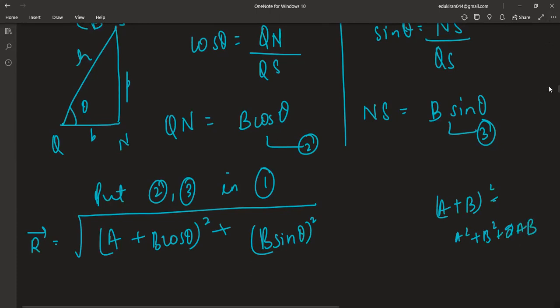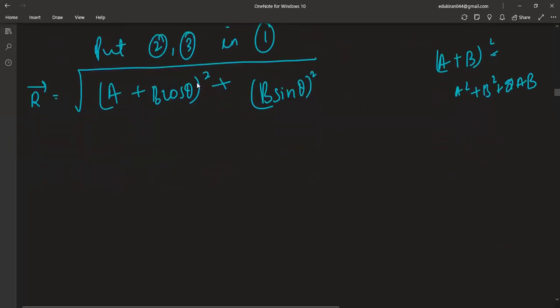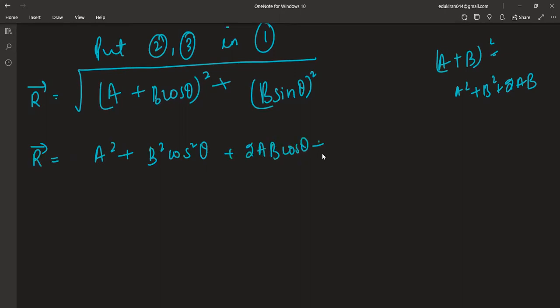Now let us expand this. So what will the resultant be? This becomes A square plus B square cos square theta plus 2AB cos theta plus B square sine square theta. This is what we'll have on expansion.